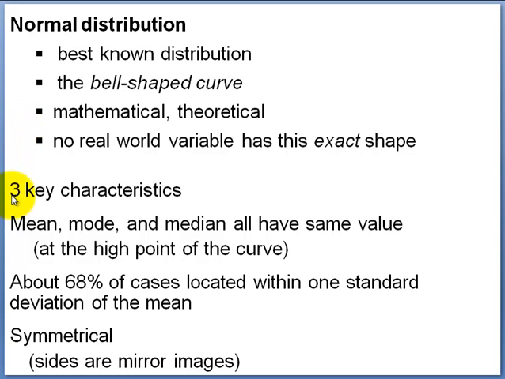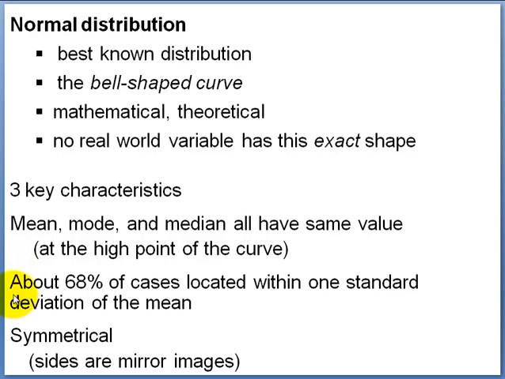Three key characteristics are often cited in describing, or we can say defining, the normal distribution. One defining characteristic is that the mean, the mode, and the median in a normal distribution all have the very same value, and that value will be at the high point of the distribution's line or curve.